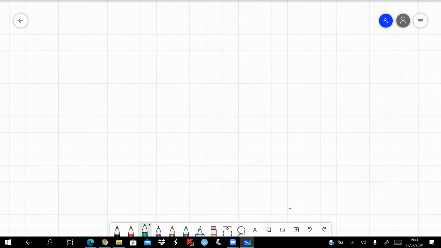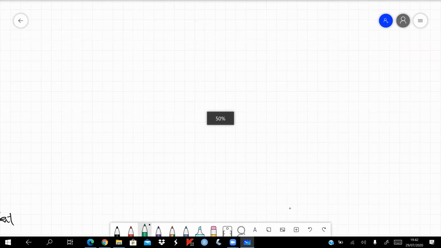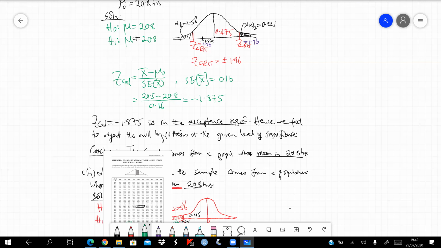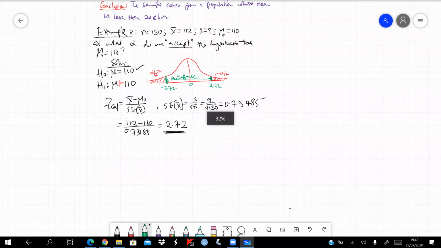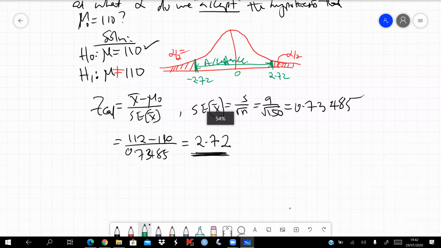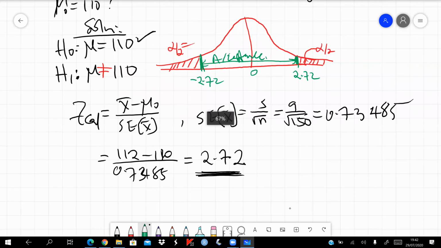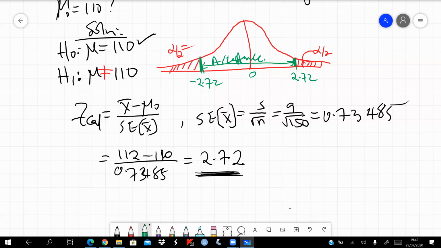Where do I write that value, 0.4967? On the right side, the acceptance part. From where to where?